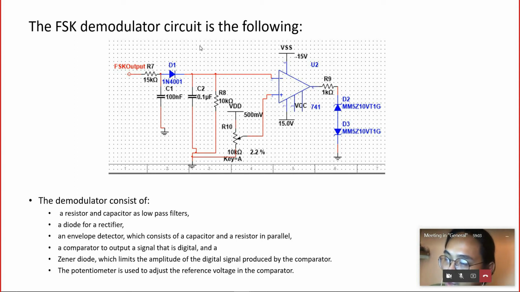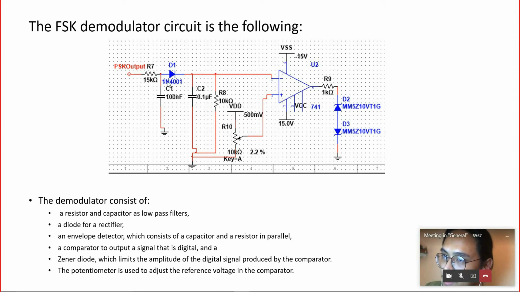So the demodulator circuit works. First, the 2 kHz signal is being attenuated by the low pass filter. So whenever the FSK is in the marked frequency, that signal will be attenuated.